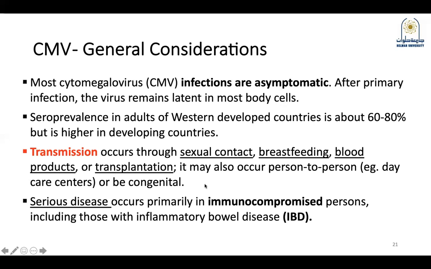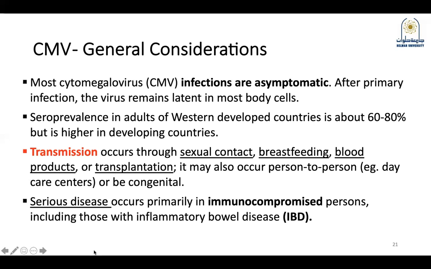It might also occur from person to person or via congenital transmission, causing congenital infection. And we will show you the types of congenital infections that might affect the baby during pregnancy.